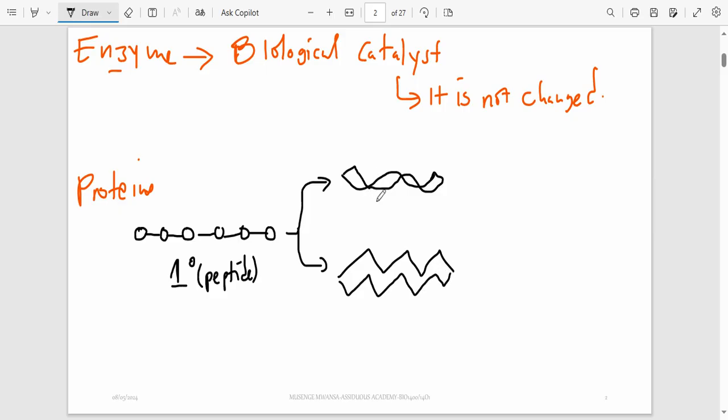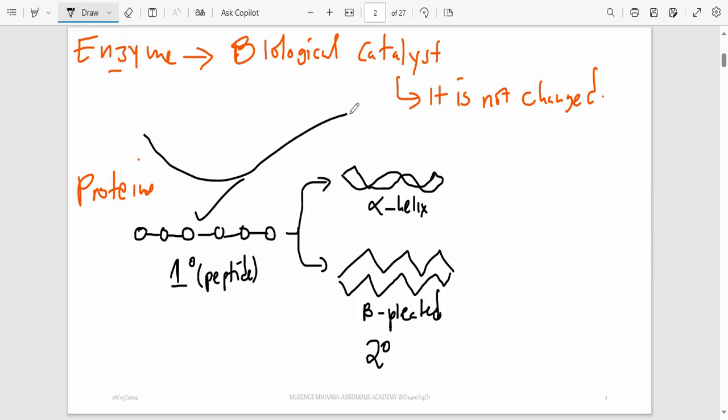The structure on top is known as an alpha helix, and the one below is known as a beta pleated. These two structures are secondary structures. With a secondary structure, we get a long chain, and then it starts to fold and coil about itself. Take note that the secondary structure is only formed from one chain.